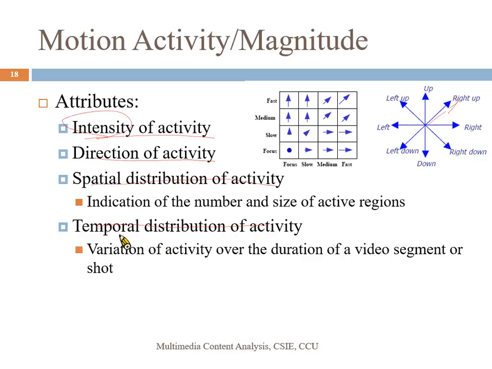We can also describe the temporal distribution, like the variation of activity over the duration of a video segment or shot. Maybe at the beginning the motion activity is quite large, and at the end of the video segment the motion gradually decreases.